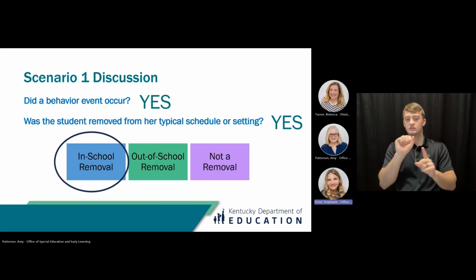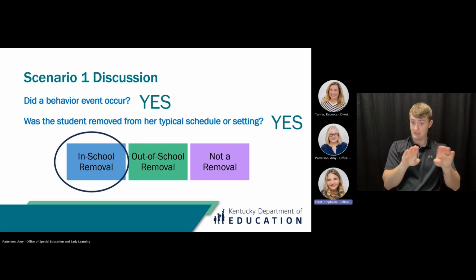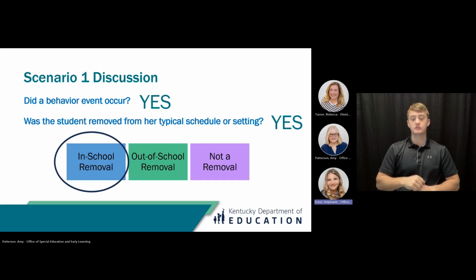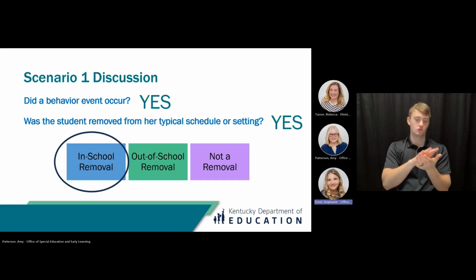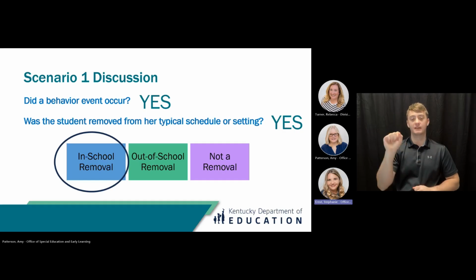Looking at this scenario 1, did a behavior event occur? Yes. The student engaged in disruptive behavior as defined in the school or district's Code of Student Conduct. Was the student removed from her typical schedule or setting? Yes.